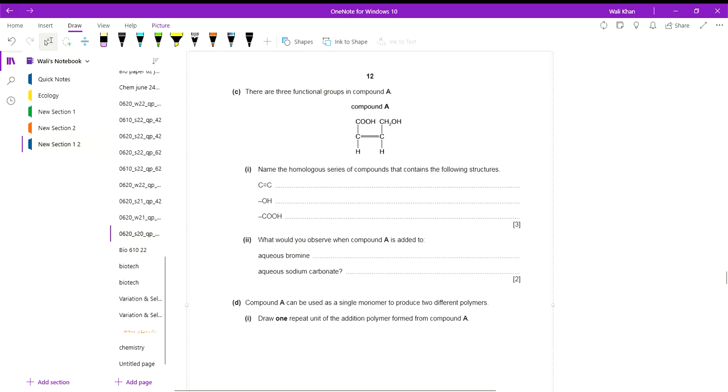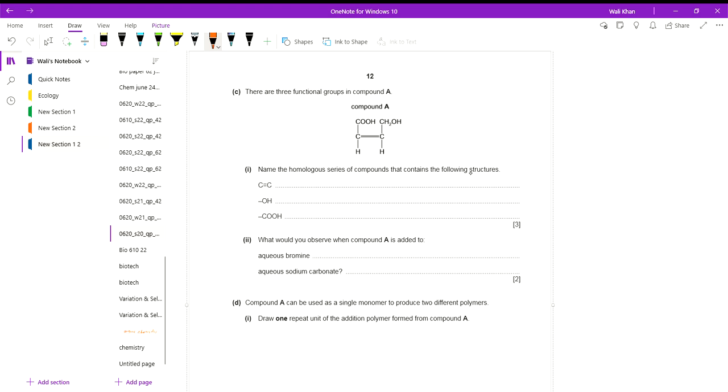I think it is the last part, C or D. There are three functional groups in compound A. This is compound A. Three functional groups आपको नजर आ रही है। आपके पास carboxylic acid and you have alcohol also.